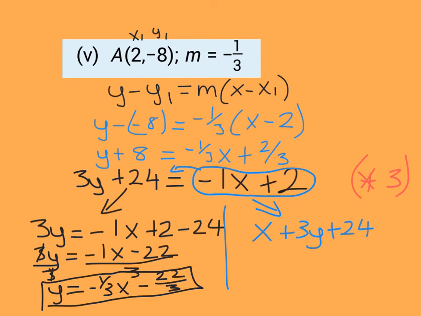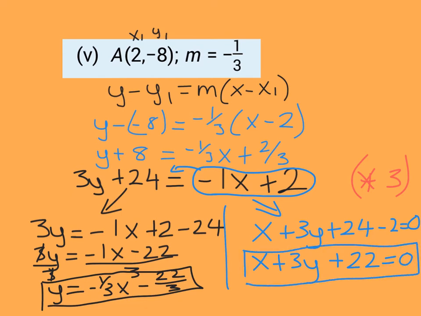I'm just writing everything that I have here. And then I have to bring across minus 2 equals 0. And then I get x plus 3y plus 24 minus 2 gives me plus 22 equals 0. And that's my final answer.